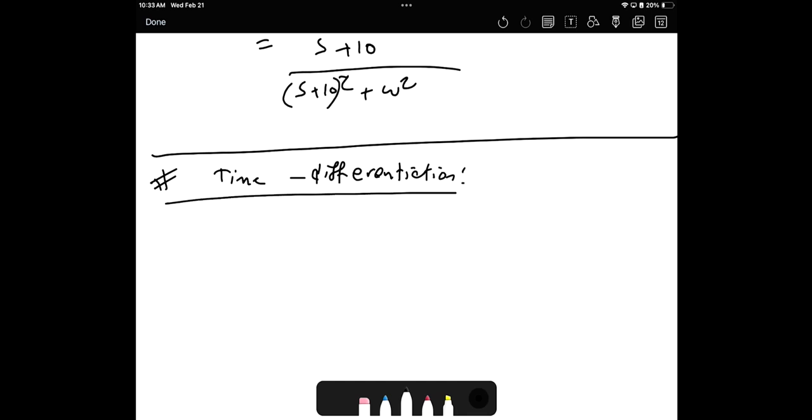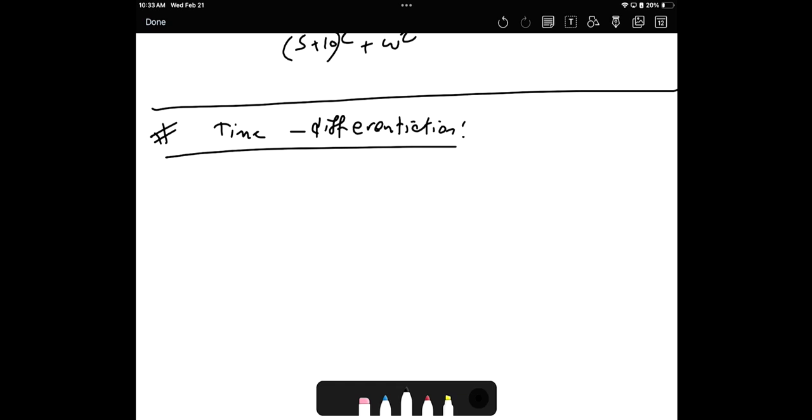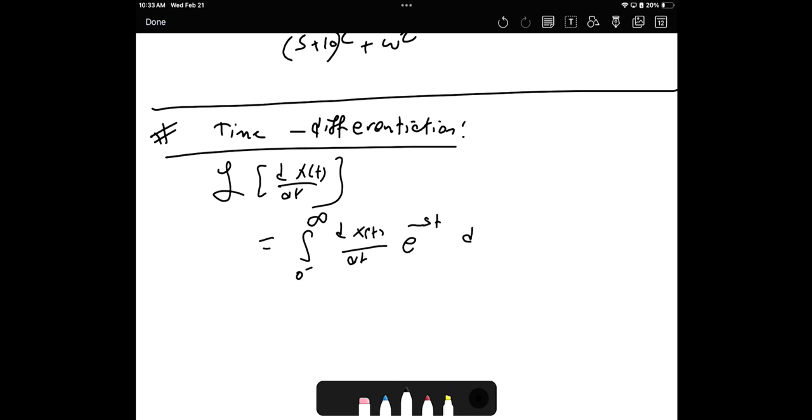So time differentiation: when I have a derivative, the Laplace transformation of a derivative d by dt of x of t, we will get a result. We can use it instead of making this derivation. Well, let's do the derivation to find the proof. So this is the integral from 0 minus to infinity of dx of t by dt times e power negative st dt. So dt and dt will cancel each other.